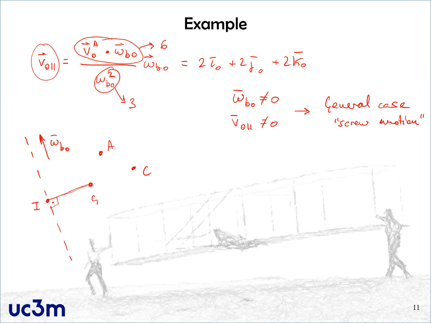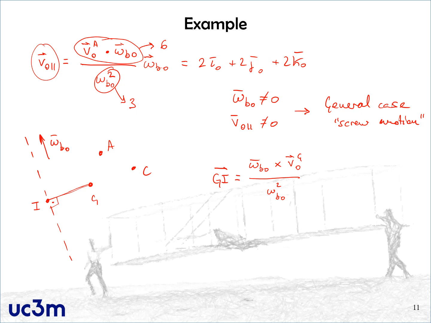Okay. All right. So let us use the expression that we found in one of the previous slides. The position vector from G to I is given by the cross product of the angular velocity times the velocity of point G, and then we have to divide by the square of the magnitude of the angular velocity.